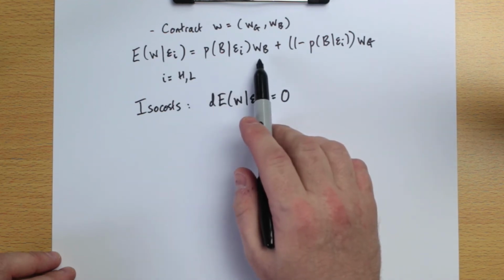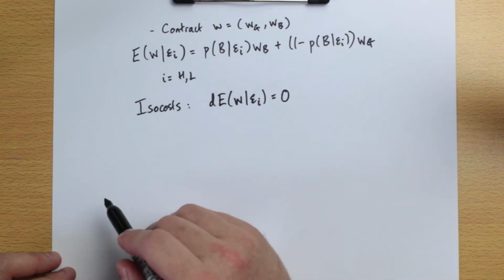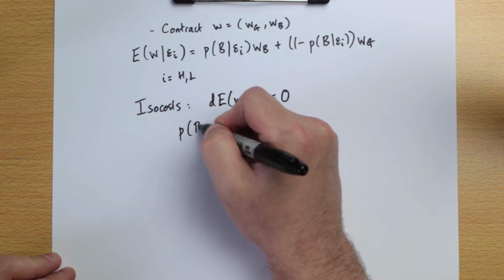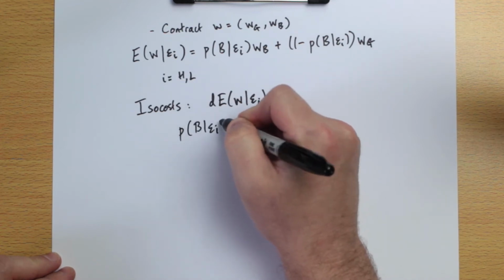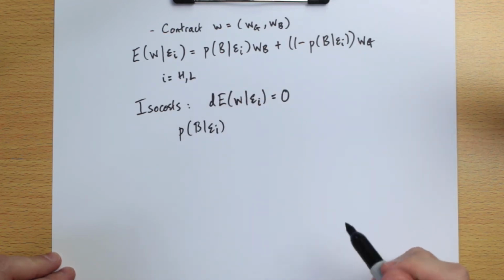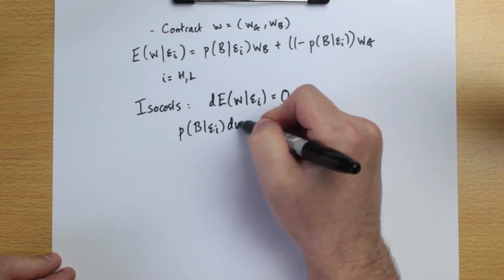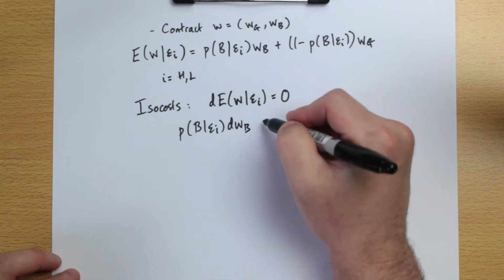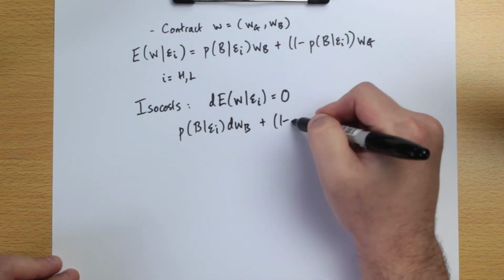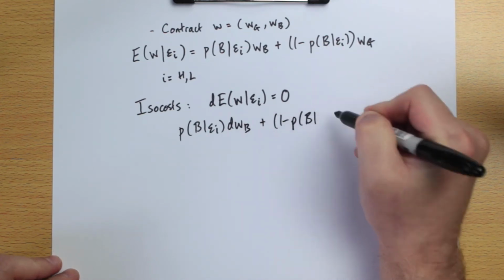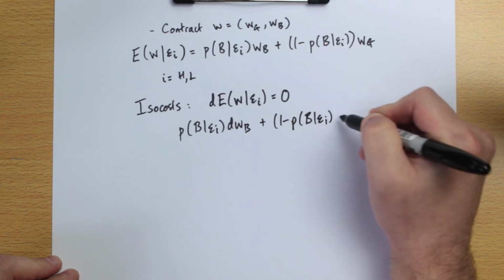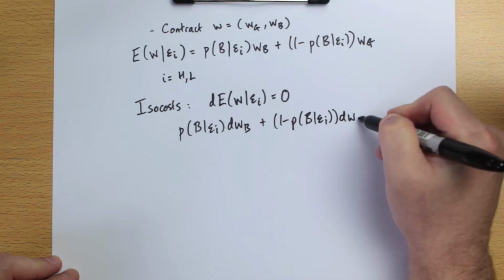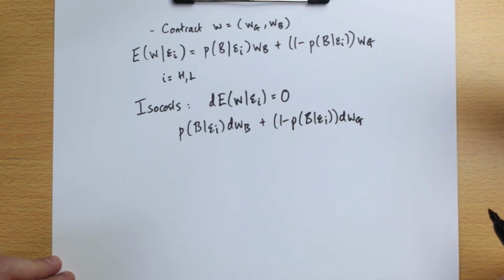Well, because either WB changes or WG changes. So I could rewrite this as the probability of the bad state conditional on effort epsilon I multiplied by the change in the bad state wage, plus 1 minus the probability of the bad state conditional on effort level I multiplied by the change in the good state wage.